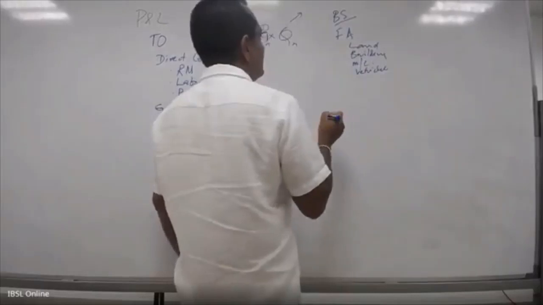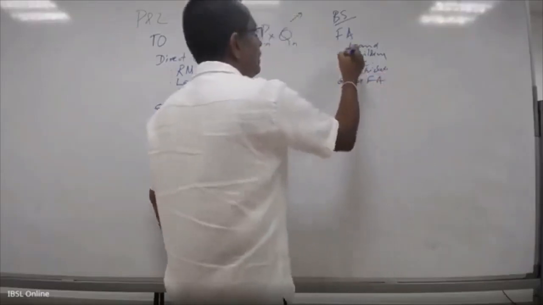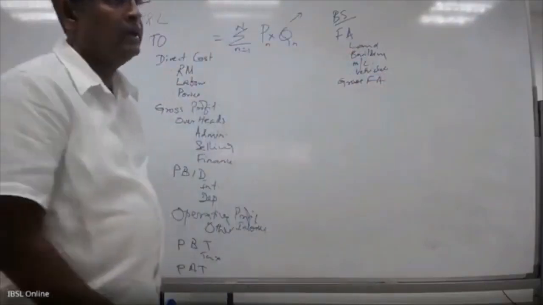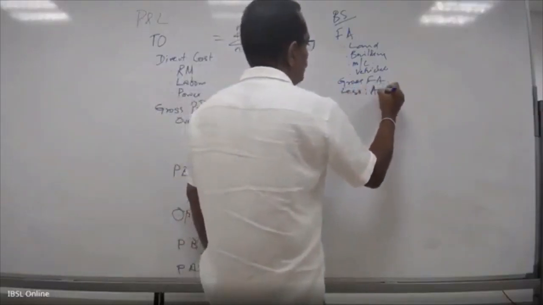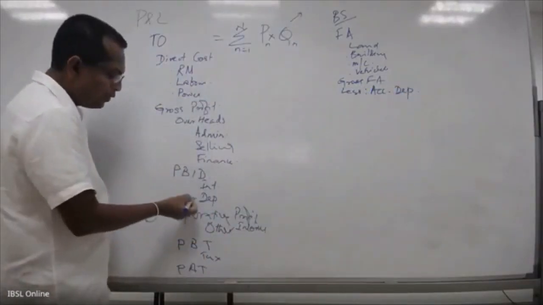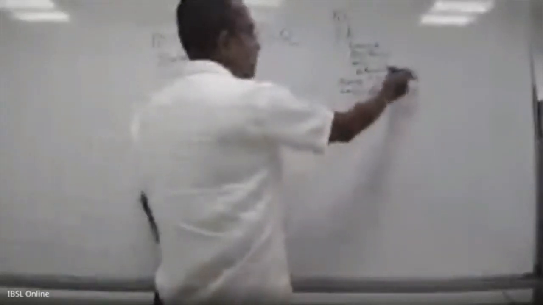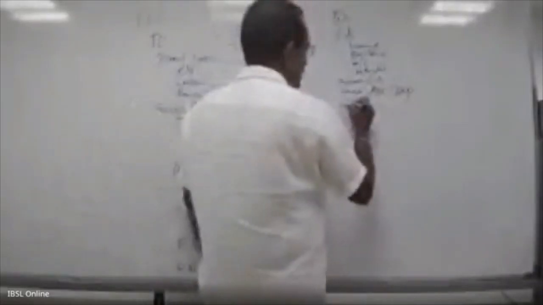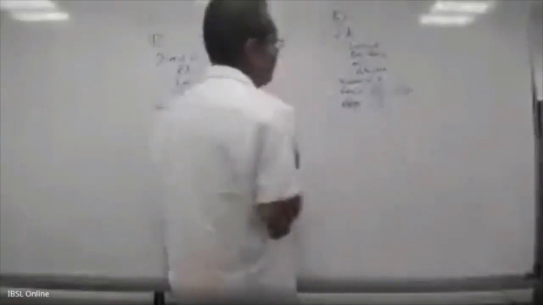We have the gross fixed assets, which are all at cost. Then less accumulated depreciation. That means year on year depreciation accumulated and reduced from your gross fixed assets. Then you have the net fixed assets, right?